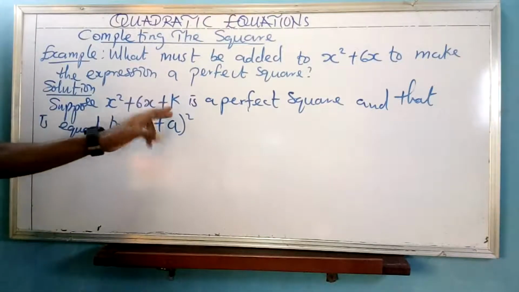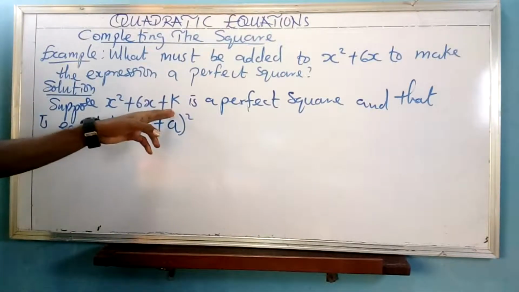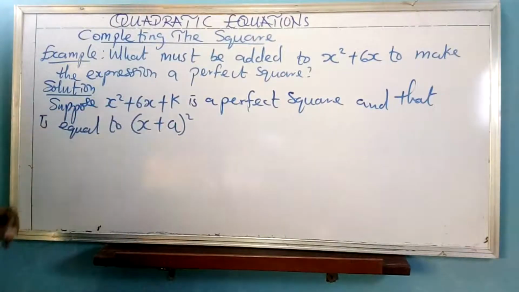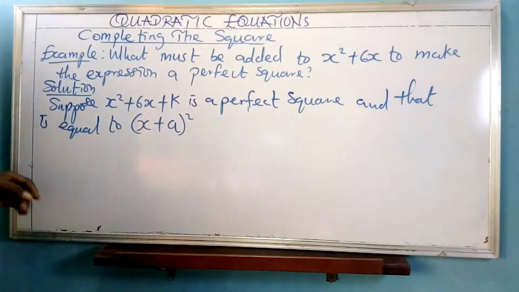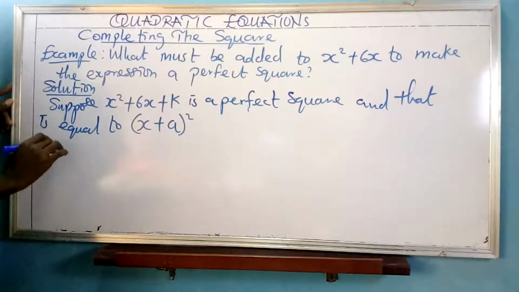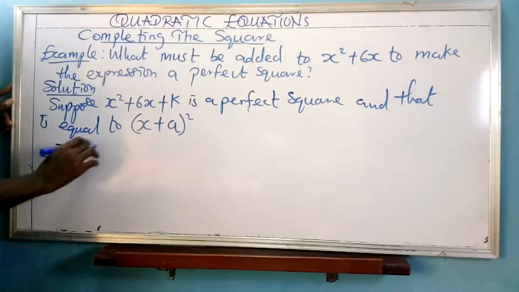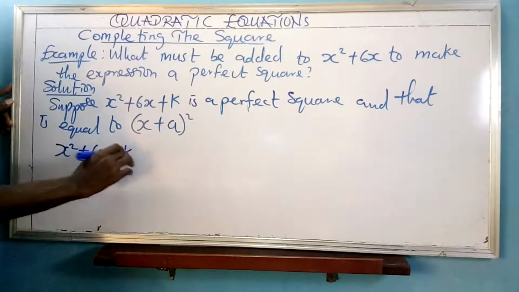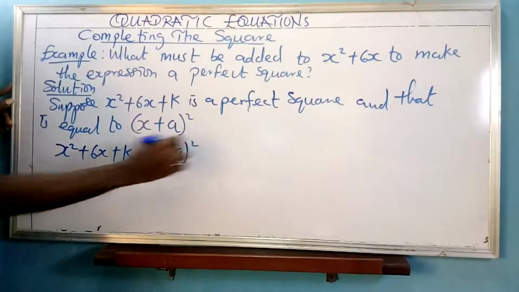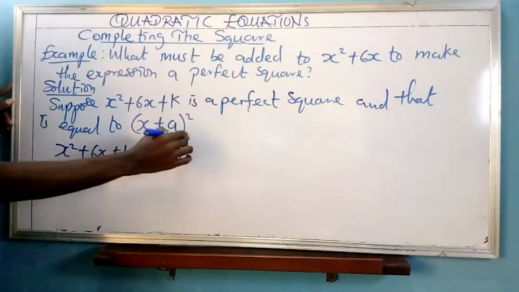Don't forget the way I put it. In a quadratic expression, you must have the second power, the first power, and the constant. So it's a constant k, you must have it like that. Now we have x squared plus 6x plus k equals (x plus a) all squared. This one is a perfect square.